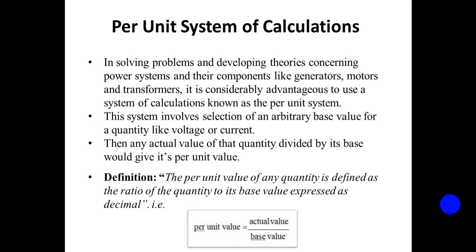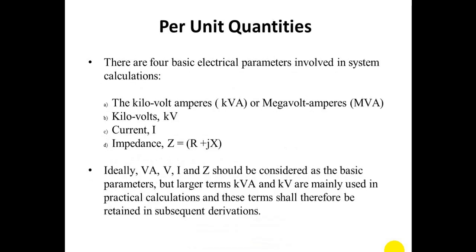The per unit value of any quantity is defined as the ratio of the quantity to its base value, expressed as a decimal. So this is the formula: the per unit value is equal to actual value over base value. This actual value can be of any parameter, whether it is voltage, current, power, or impedance.